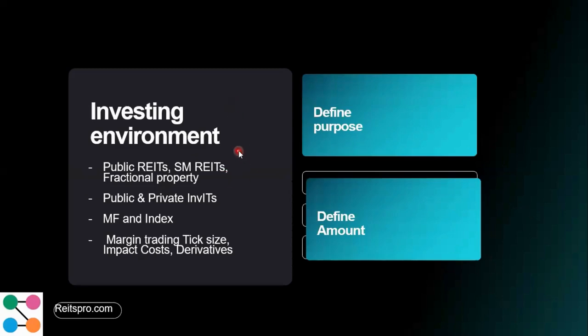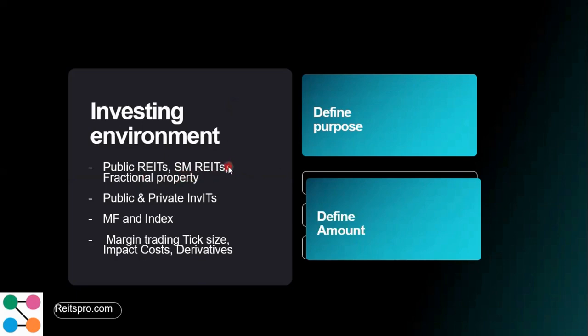So what is the investing environment today? Let's see first what are the basic parameters that you have to deal with. There are public REITs, like we've just mentioned, 4 public REITs. There are also small and medium REITs, and there is fractional property. So these 3 are different segments.